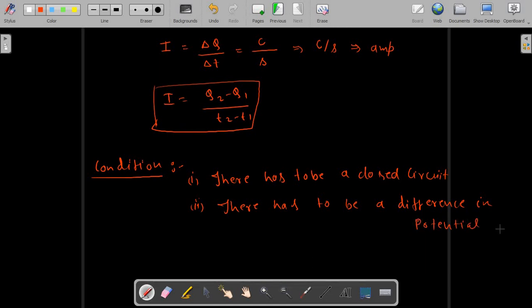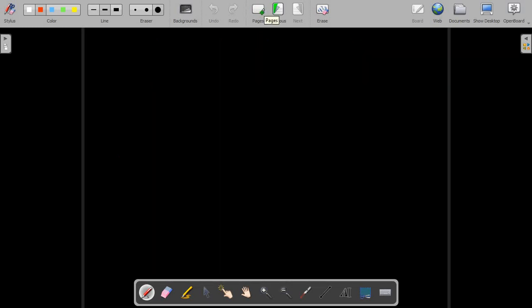Remember the questions we were doing, where there is a positive charge, plus Q1, and a negative charge, minus Q2. These two charges will feel some kind of attraction force from Q1 to Q2.